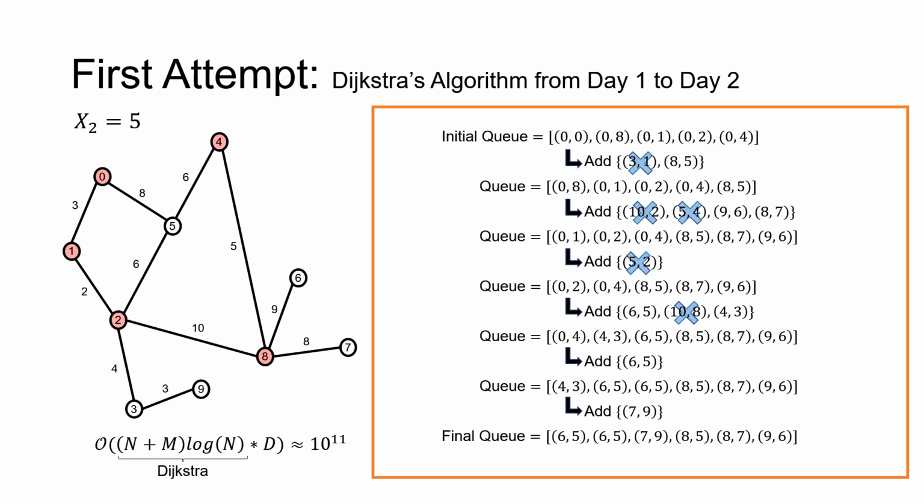Next, we perform Dijkstra from day 1 to day 2 using the information obtained previously. We already know the infectors up to day 1, which are 0, 1, 2, 4, and 8. We initialize the queue with these infectors and a distance of 0. We then apply Dijkstra's algorithm again.